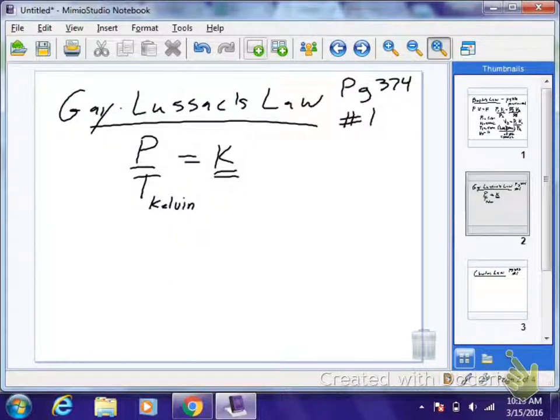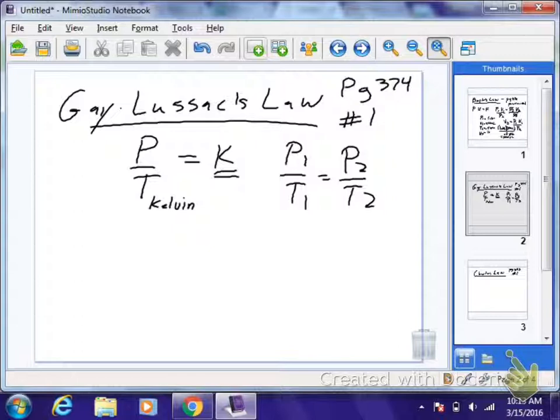Okay? So, just like the last one, P1 times V1 equals P2 times V2. This one instead is going to be P1 over T1 equals P2 over T2. Right? So what I'm going to do, when I give you a test or quiz, I'm going to give it to you in this form.